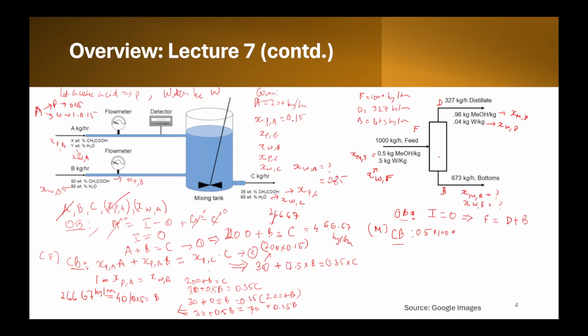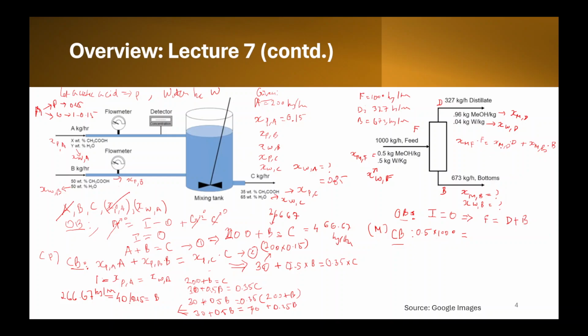And these are the values for the different mass fractions. So 0.5 will be XMF. XMF into F is equal to XMD into D plus XMB into B.